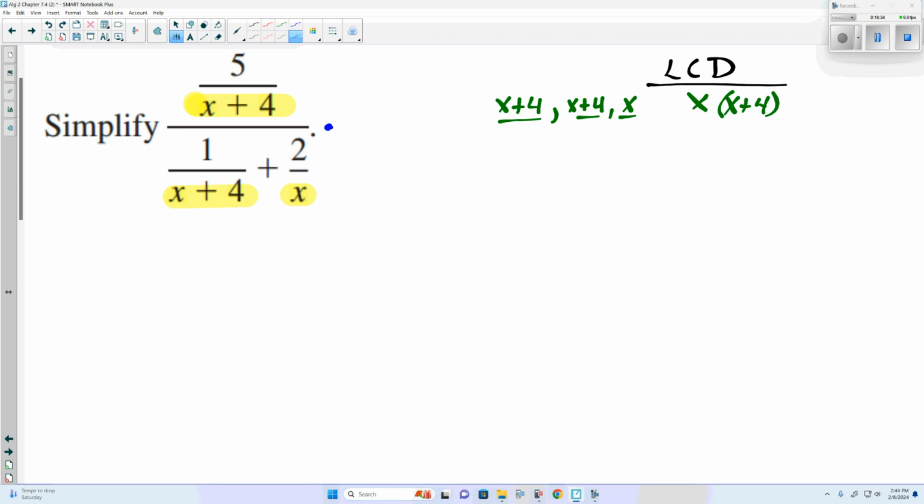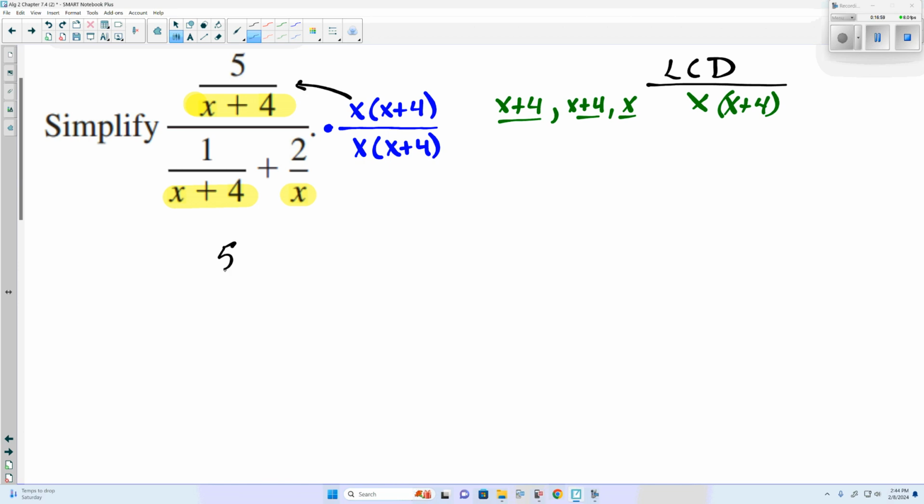Now what we're going to do for the second method is take that least common denominator and multiply the top and bottom of this fraction by x times x plus 4. So the whole numerator and the entire denominator, we're going to multiply by x times x plus 4. So we multiply the numerator with this.